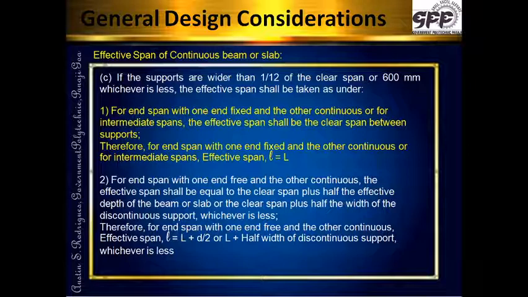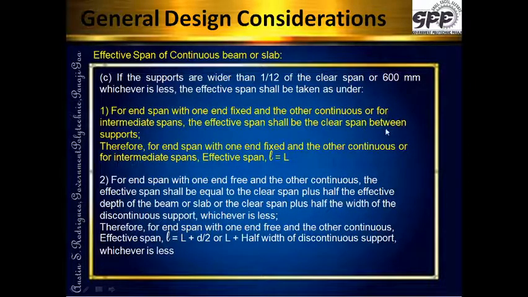In this case it says for end span with one end fixed and other continuous, or for any other in between spans, all the spans which are in between, or if the end span has the last end fixed, in that case, what does it say? The effective span shall be the clear span between the supports.